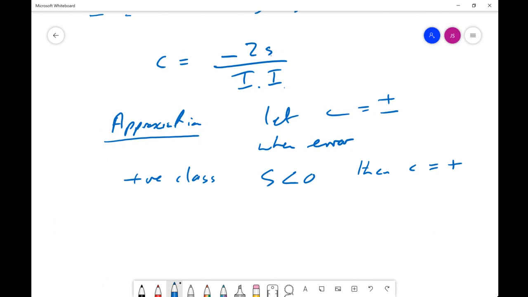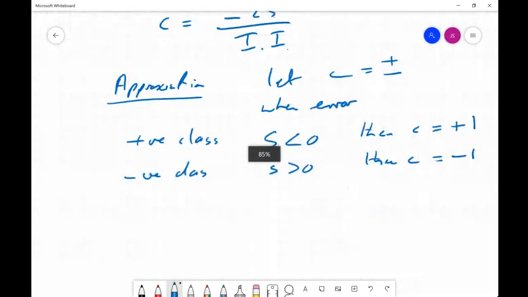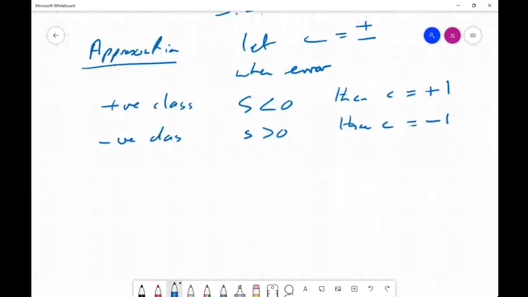A positive class is giving a negative response, make it more positive. And the other one is for the negative class: S is giving a positive response, then C equals minus 1. Negative class, we want to reduce the weight vector to make it more negative. So that's the basis of approximate training.